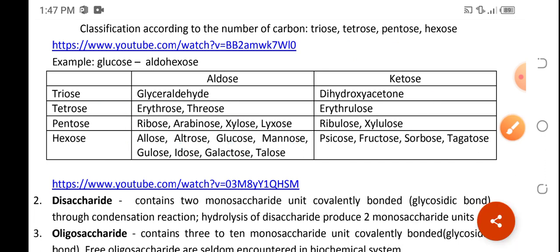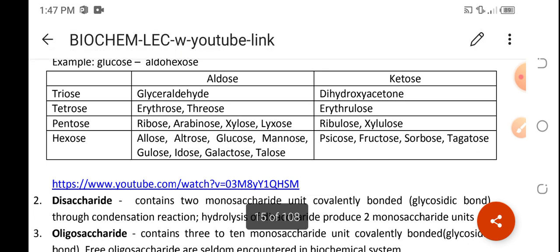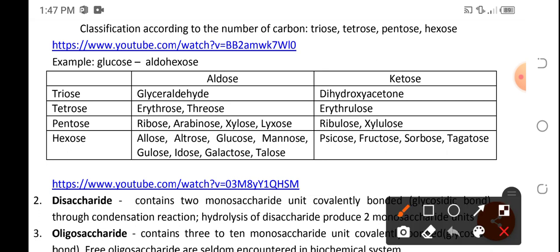So madaming examples or madaming existing monosaccharides. Okay, so if you have to classify glucose, okay, nakalagay dyan na glucose is an aldohexose.